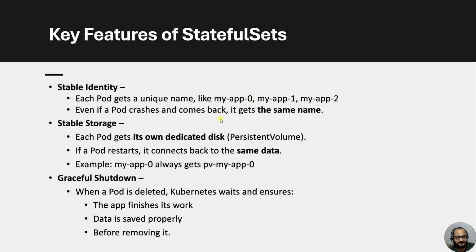So this is the benefit. For example, here myapp-0 always gets pv-myapp-0. If we have mounted this pod with this volume, then whenever the pod is up, it will automatically attach to this persistent volume. So this is the benefit of stateful sets.